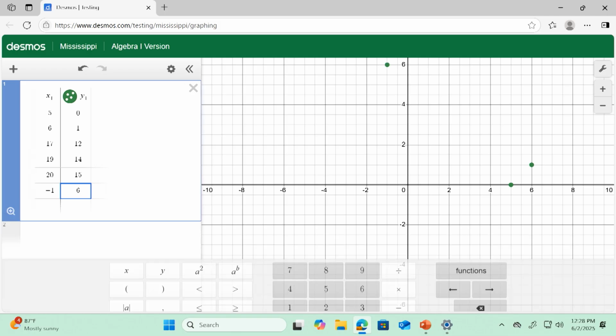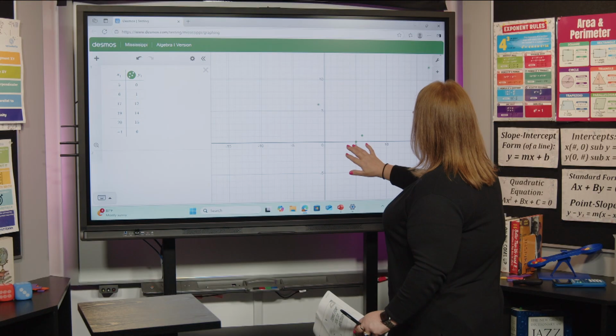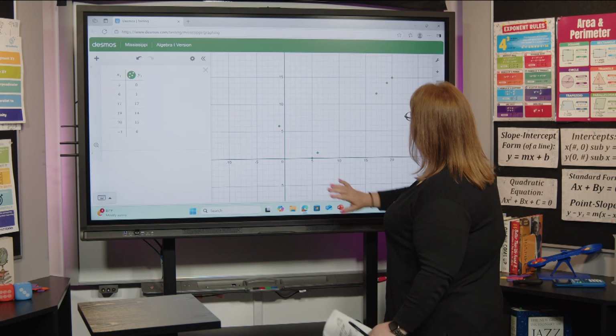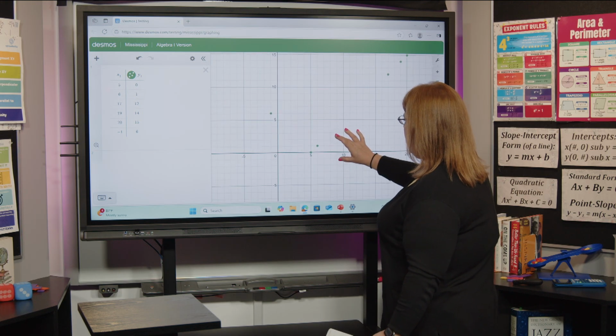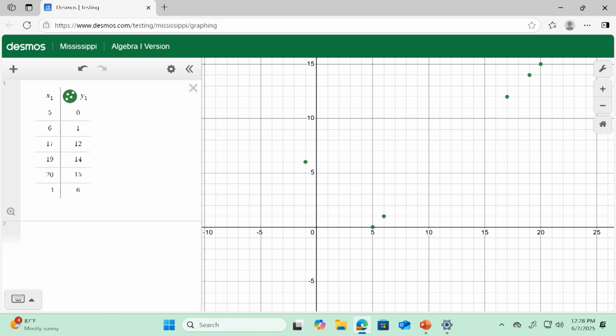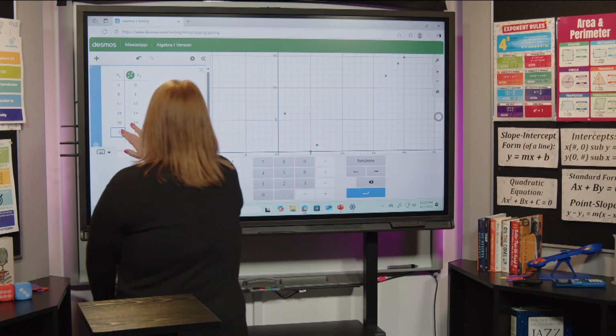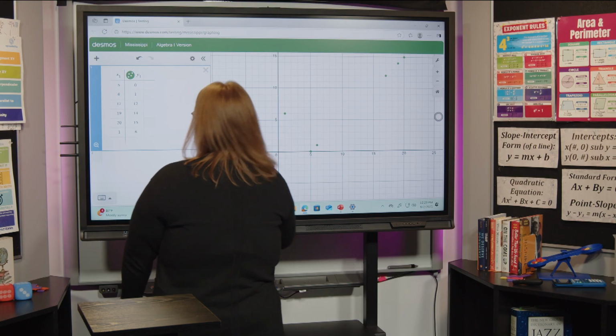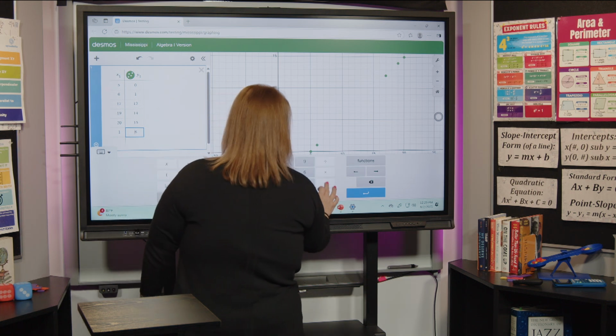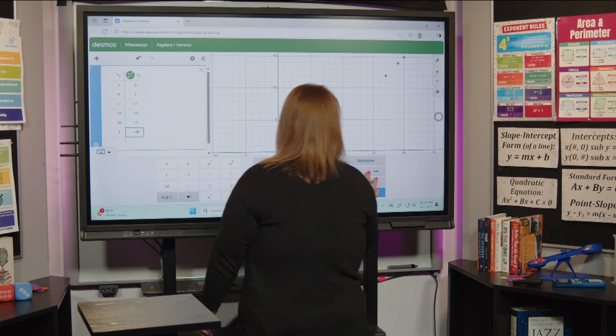All right, so let's look at this. What do I notice about this graph? Whoops. I put this wrong, guys. I'm sorry. Let me go back and fix it. This should be 1 and -6. There we go.